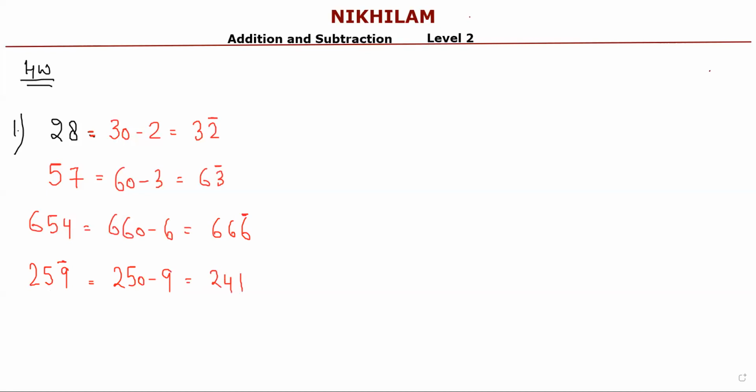241. Then you have 108, 05 bar. So it is how much? 10800 minus 5. That is 10795. And then what was the last question? 193 with a bar over it.